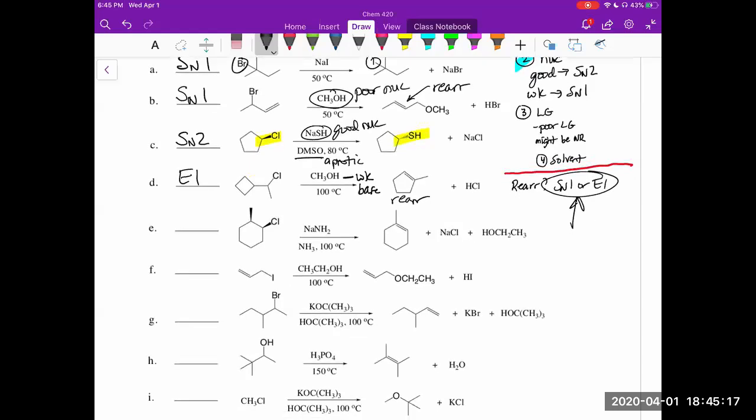What's the next kind of reaction? Is it a substitution or elimination? How about elimination? E1 or E2? E2. You got it, E2. And you can tell that because you have a strong base.